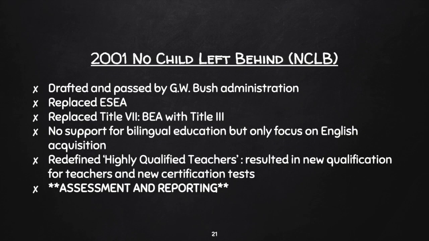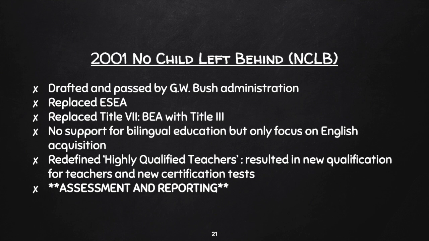In the midst of all this, in 2001, the No Child Left Behind Act was drafted and passed by the George W. Bush administration. This act replaced the long-standing Elementary and Secondary Education Act. And as part of the Elementary and Secondary Education Act, it also replaced Title VII, which was the Bilingual Education Act.